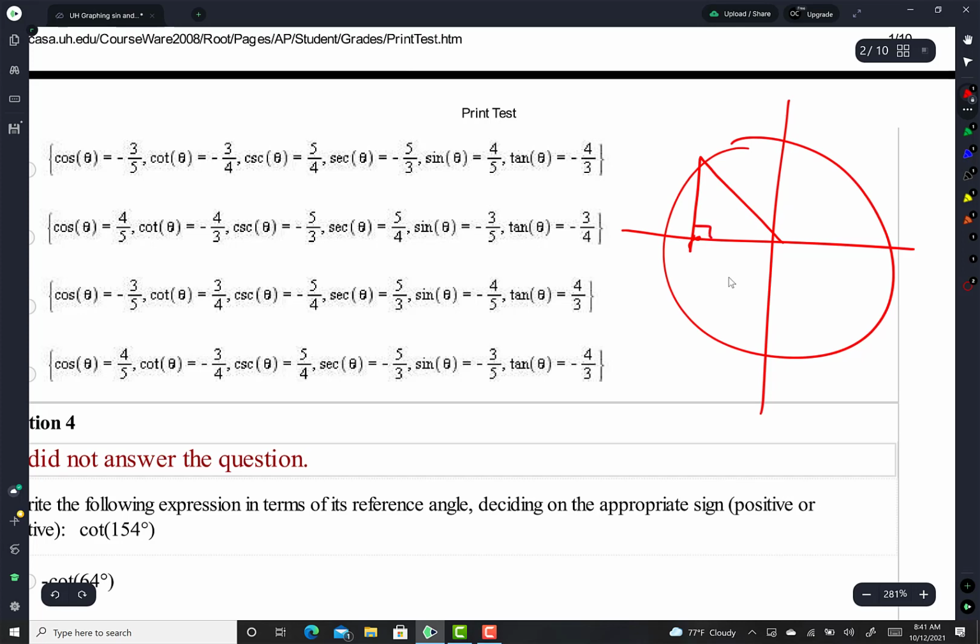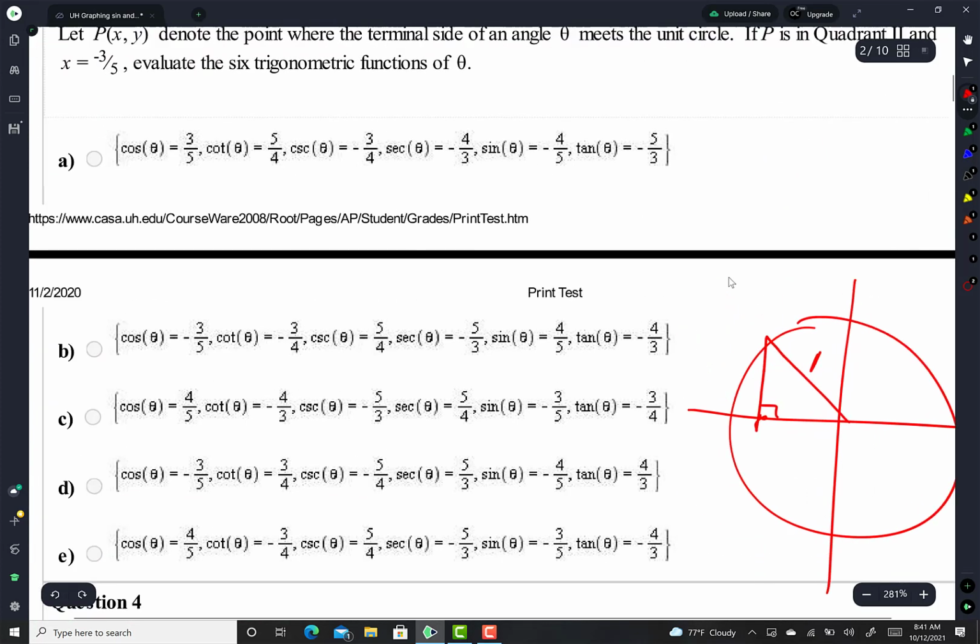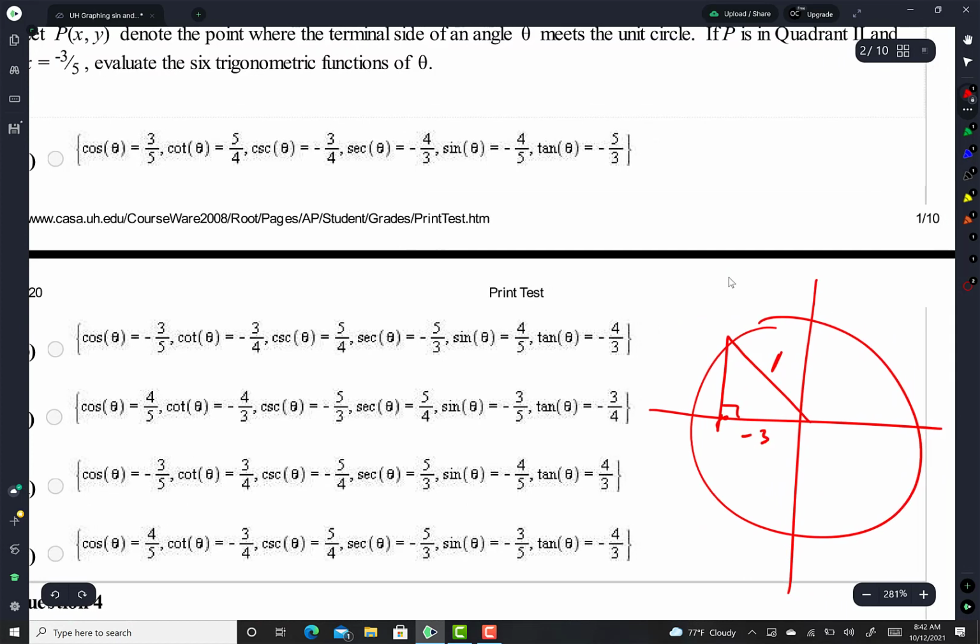There's my right triangle. My hypotenuse is 1. What did they give me? Cosine. This is negative 3/5. If you want to use the Pythagorean theorem to get the other side, you can. Square root of 1 minus negative 3/5 squared. That's 1 minus 9 over 25. Turn that 1 into 25 over 25.